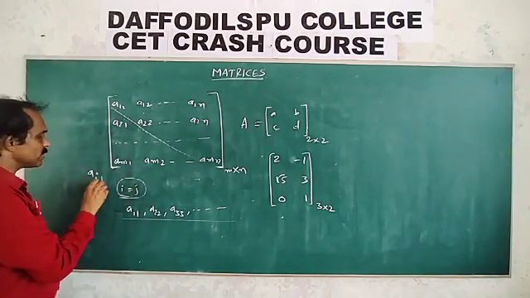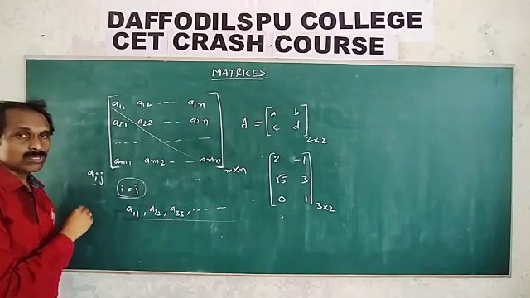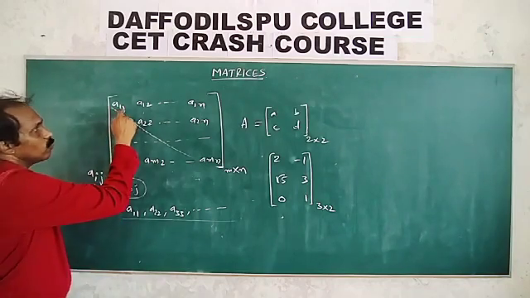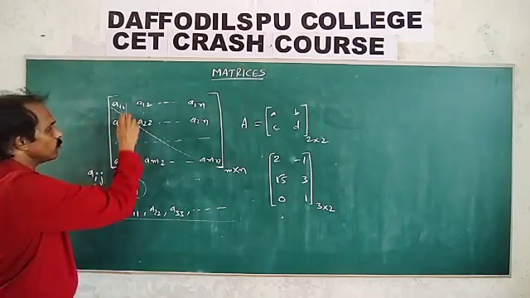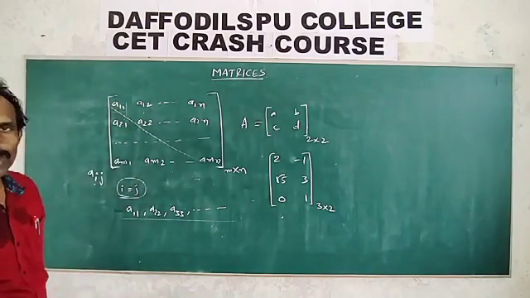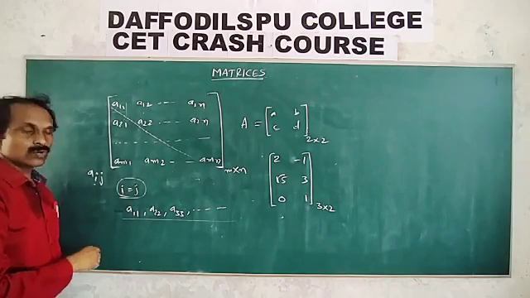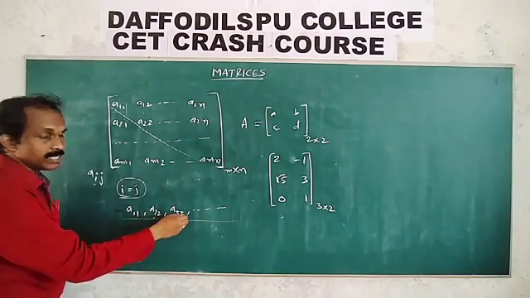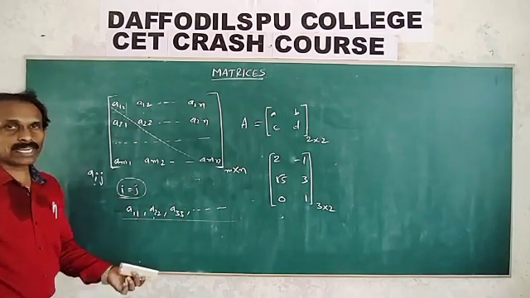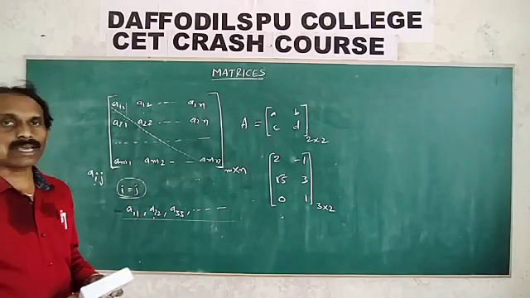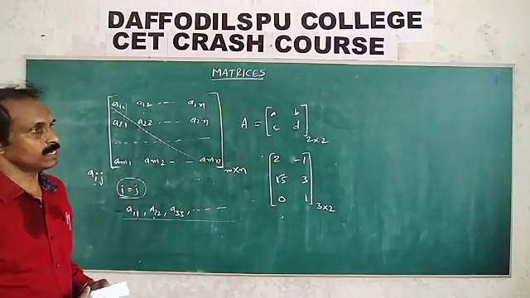Aij is the element, where i means the ith row and j the jth column. Suppose A11: it is the element in the first row, first column. Elements A11, A22, A33, where i is equal to j, are called diagonal elements, the principal diagonal.